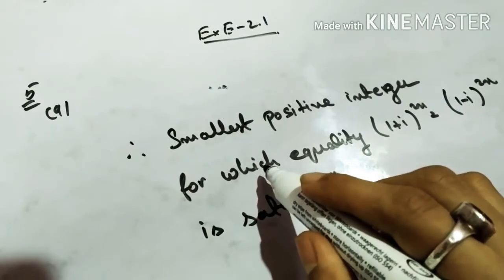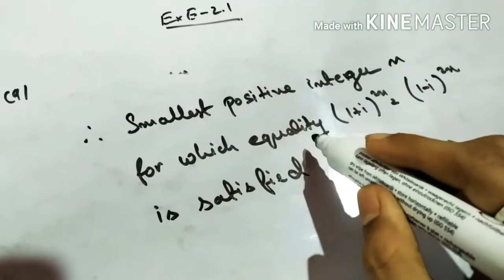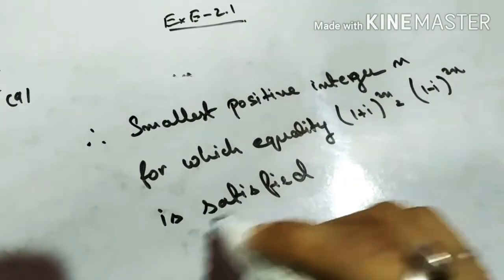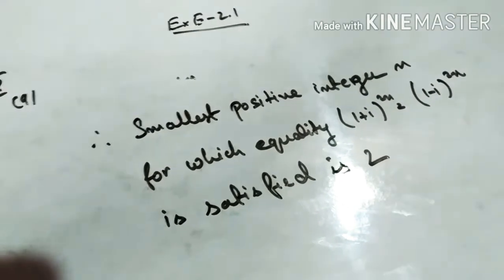The smallest positive integer n for which this equality is satisfied is 2.